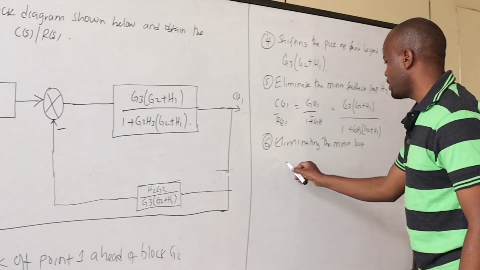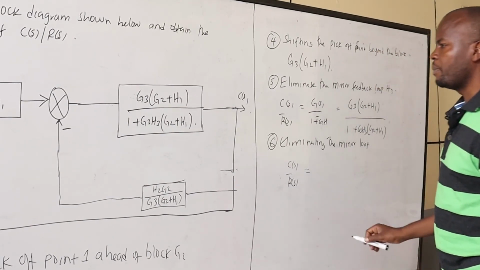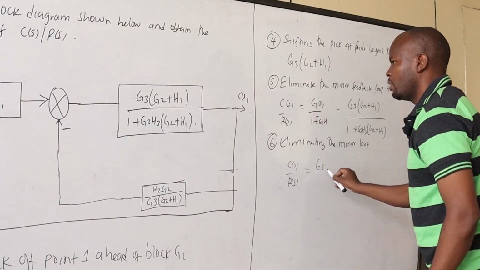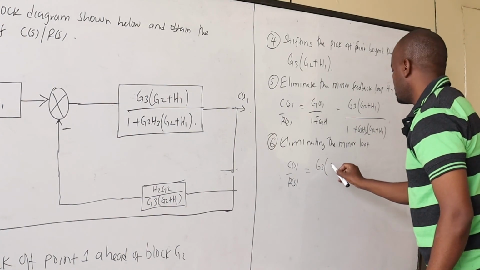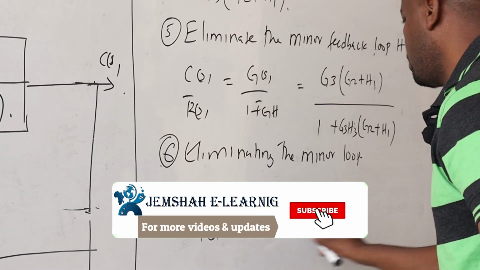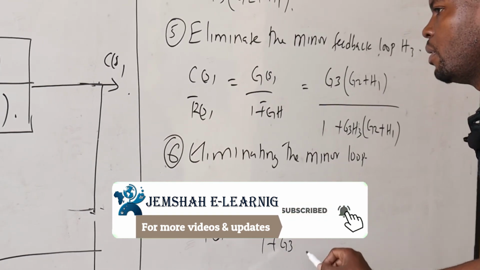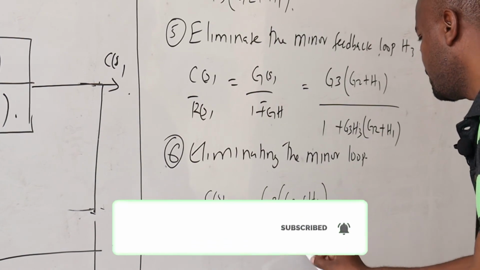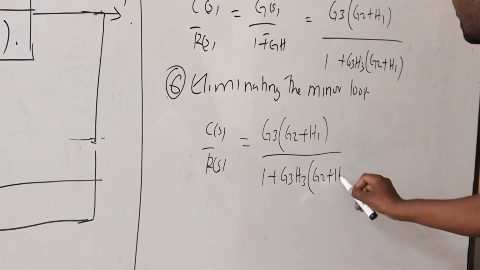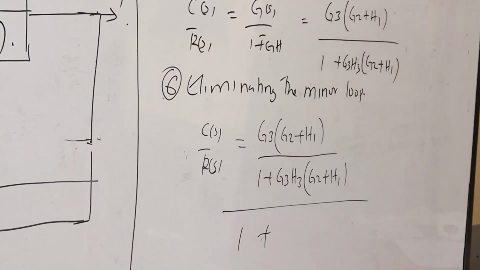We are going to get C of S all over R of S given by G, which is G3 into G2 plus H1 all over 1 plus G3 H3 into G2 plus H1. So that is our G all over 1 plus GH.